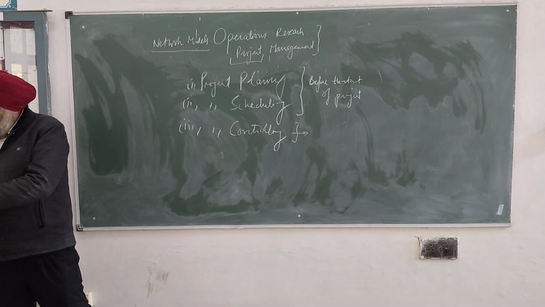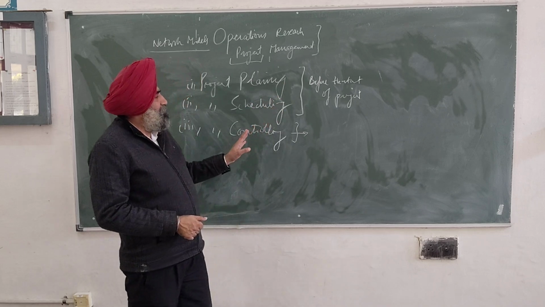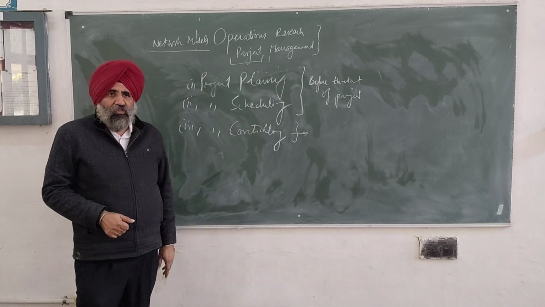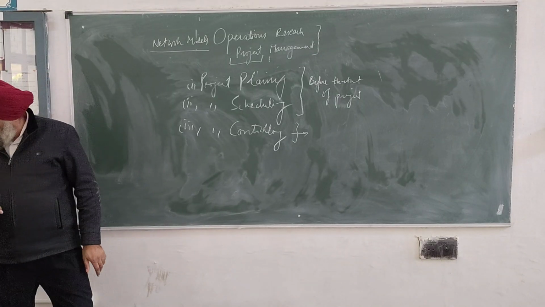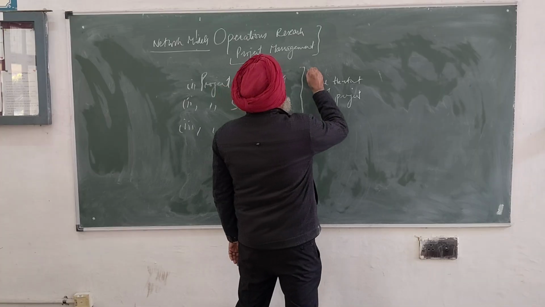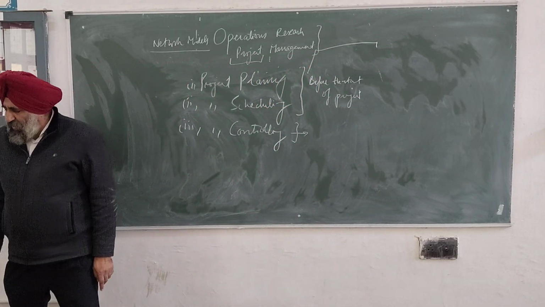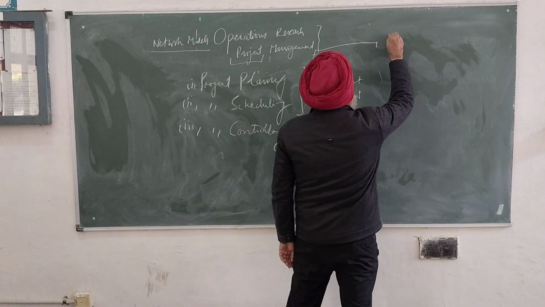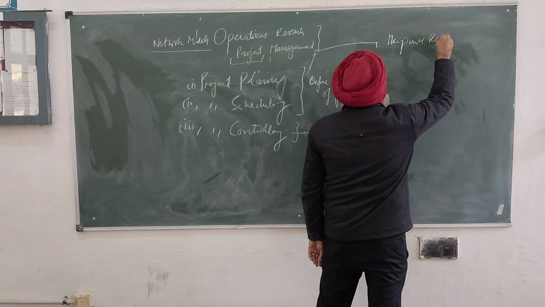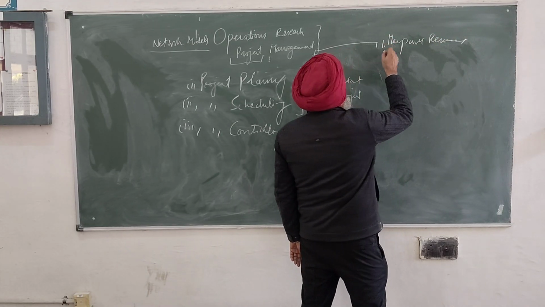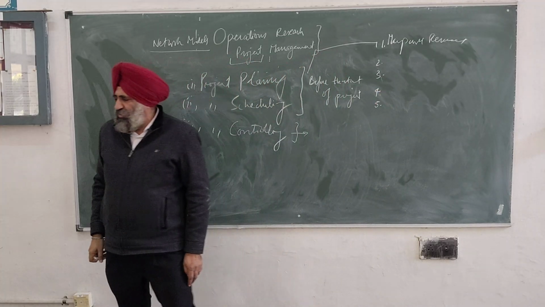We'll discuss in detail. What is there in planning? We have to plan the things prior to the start of the project. What are the different things we have to consider in the planning part? Number one, we give due respect to the manpower resources. Then there are five characteristics we will consider.